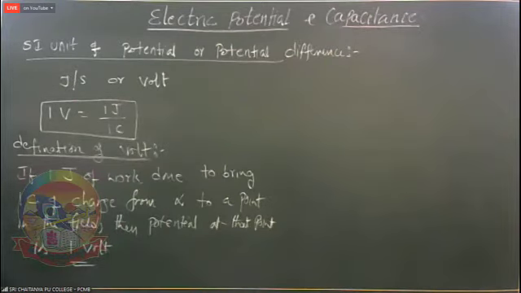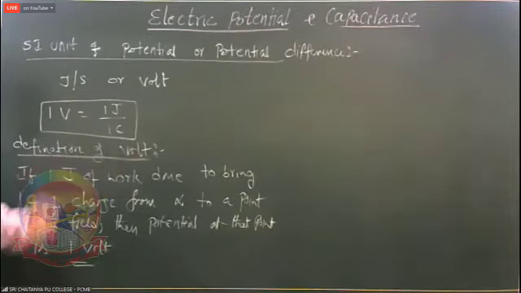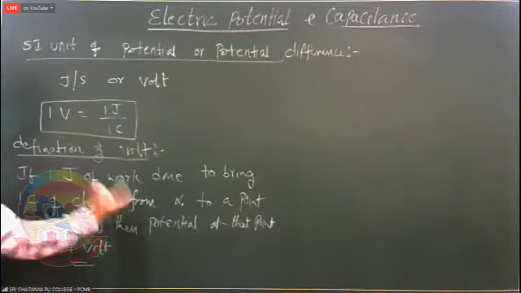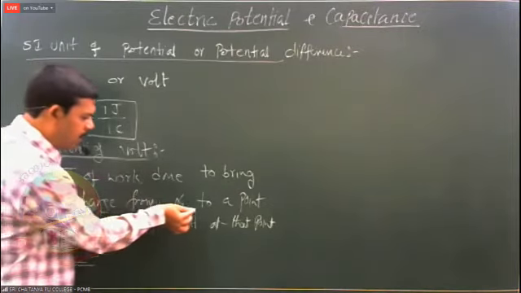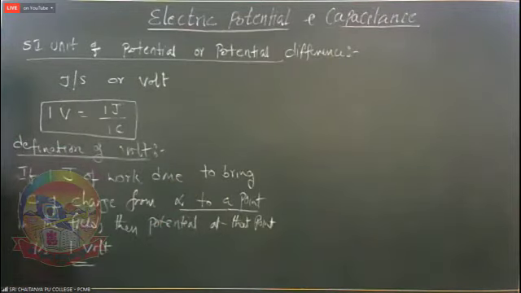Right? If you want to tell it in terms of potential difference as 1 volt, how can you say that? If 1 joule of work is done to bring 1 coulomb of charge from one point to another point in the field, then the potential difference between those 2 points is said to be 1 volt.